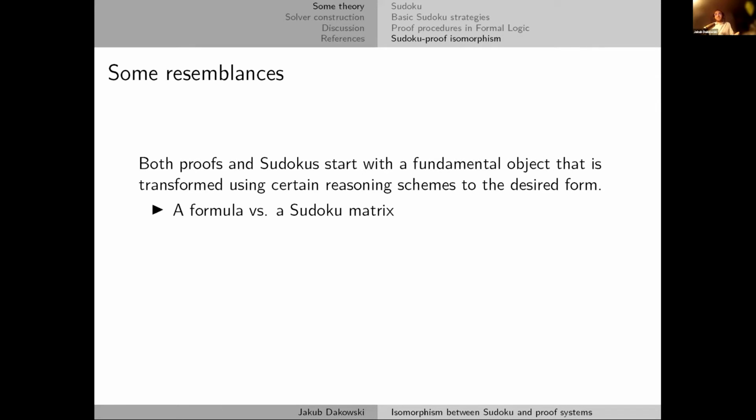We have these fundamental objects, a formula in the case of logic, and a Sudoku matrix in the case of Sudoku, which we transform using some reasoning schemas, proof rules, or Sudoku strategies to create some kind of desired form. So something that's true, or some proof or some statement, or a Sudoku that's solved.